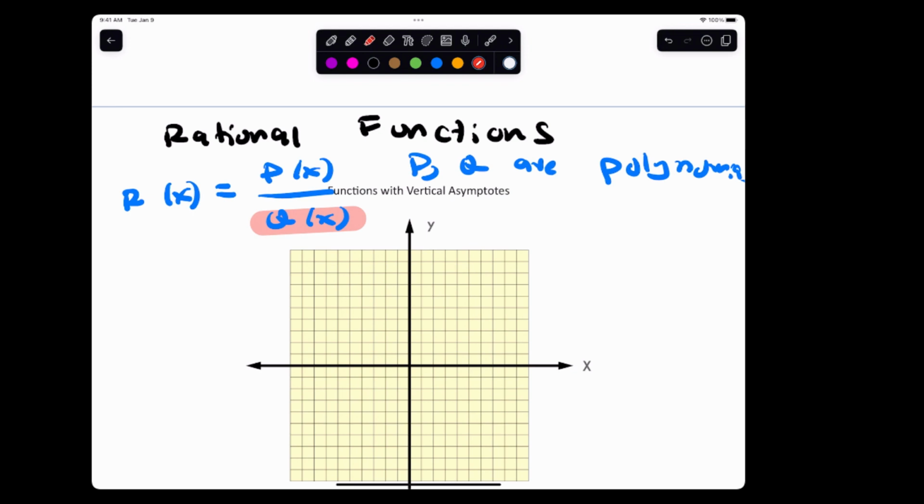Rational functions are very, very famous for their vertical asymptotes, and they're easy to find. You just set the denominator equal to 0 and you solve for x.